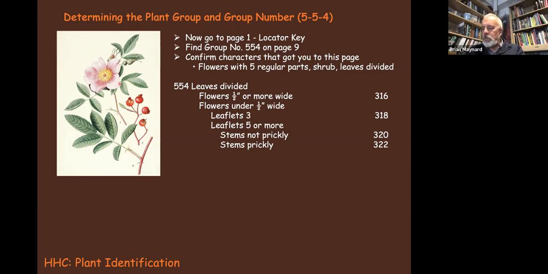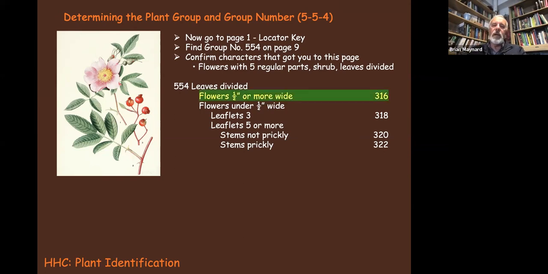So in this case, the first question is indented equally: flowers 1/2 inch or more wide, or flowers under 1/2 inch wide. And then notice underneath that it has leaflets 3 or leaflets 5 or more, stems not prickly, and stems prickly. So all those are different possibilities.